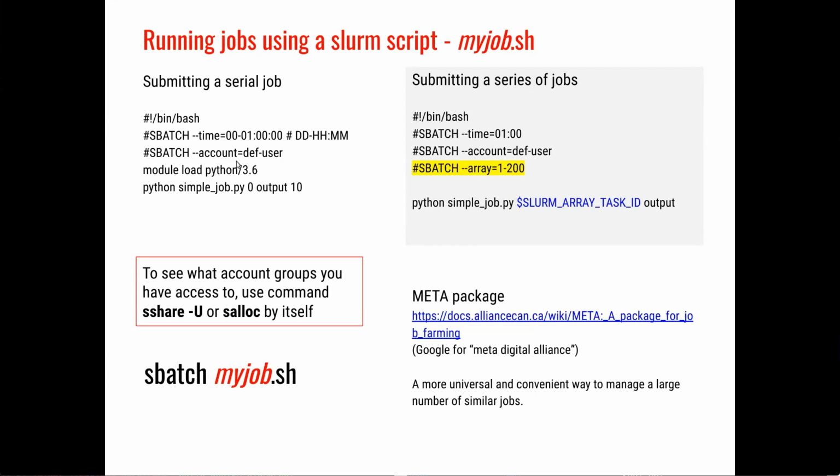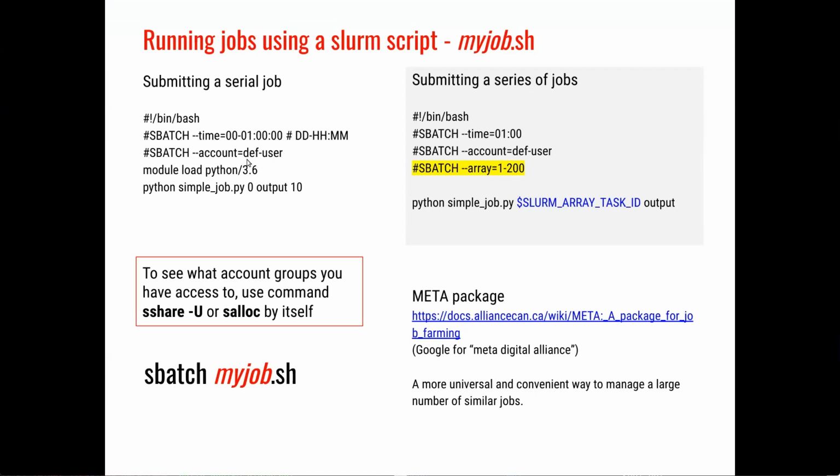And the second line here specifies the account, the group account. What group account do you want to use? Now, pay attention to this. This is the accounting group account, and not your user account. A user may have one or more group accounts.